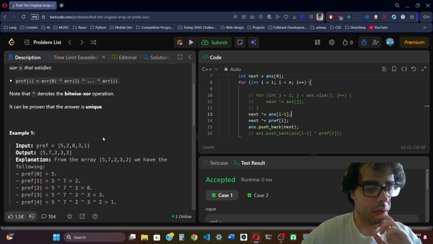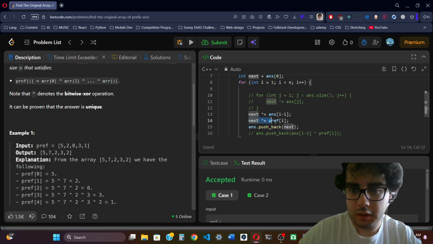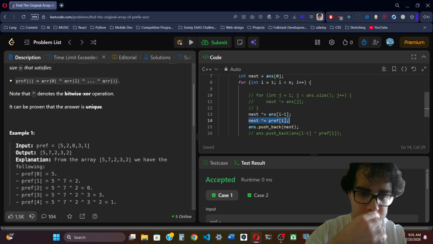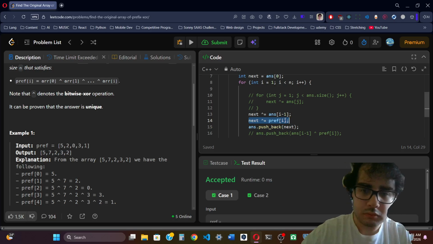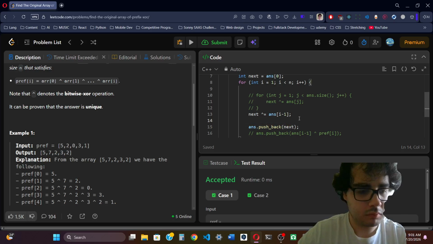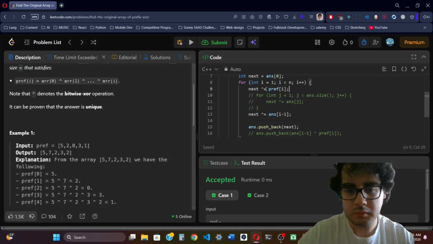Okay, how about something like this: next XOR equals with pref.